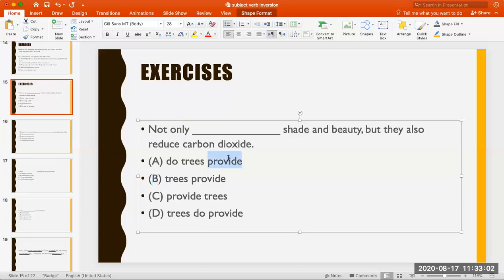Remember, we said if we have a verb to be, am, is, are, was, were, modal verbs can, could, shall, should, will, would, may, might, must, have, has, had, you bring this verb before the subject. If you have an ordinary verb, play, write, eat, study, in whatever tense, you bring do, does, did.